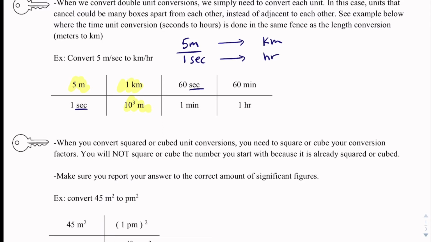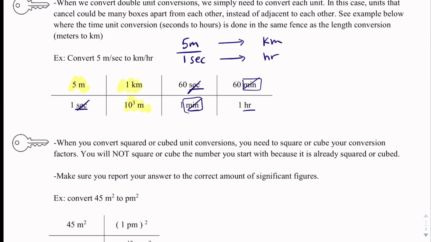So it needs to go into the numerator. We'll go from seconds to minutes. There are 60 seconds in 1 minute. Seconds cancels. Now I'm at minutes if I stop. I want hours though, so I'll go from minutes to hours, and I solve this out.